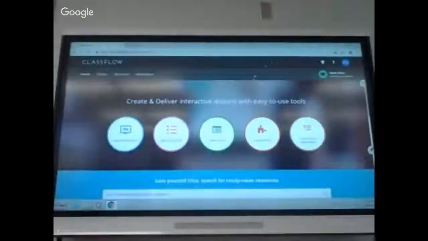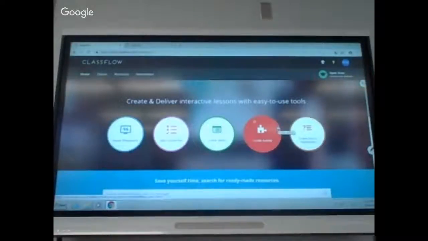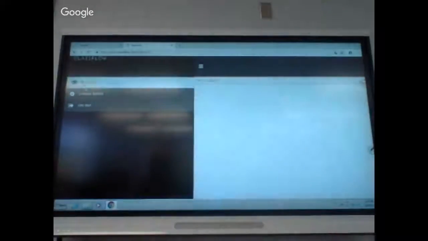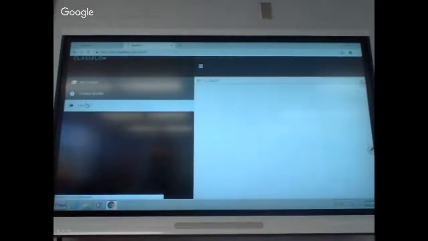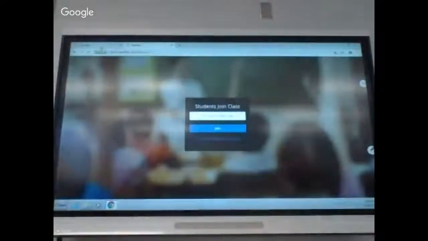All right. You should not be on a screen that looks like this. Hold on, let me log out. I don't need a password when I log out. You should be on a screen that looks like this. You need to go to classflow.com/student or /learner.